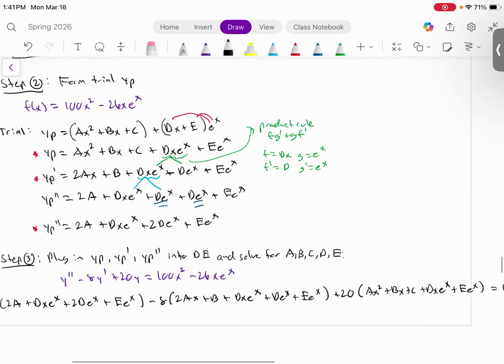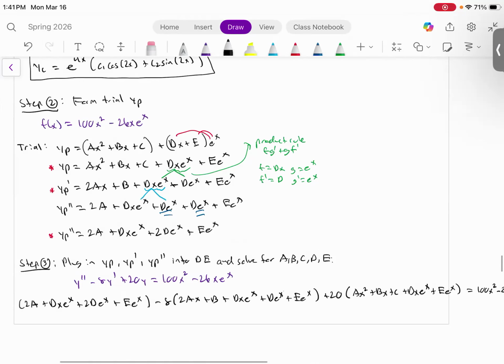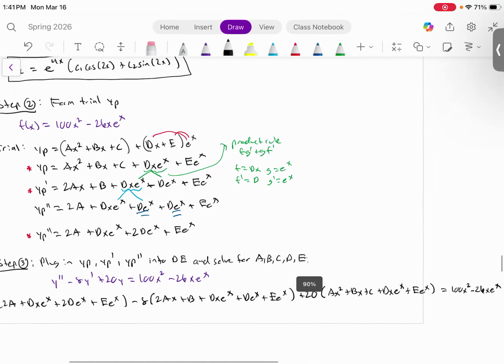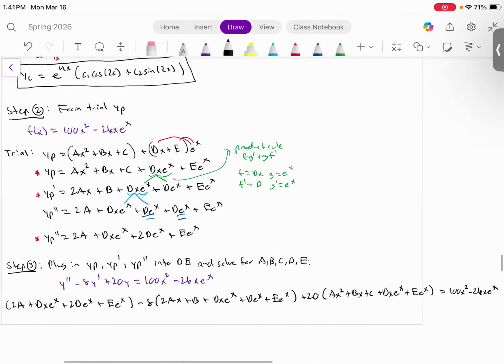Okay, so that's our very long setup. Let me zoom out a little bit. That is our very long setup.